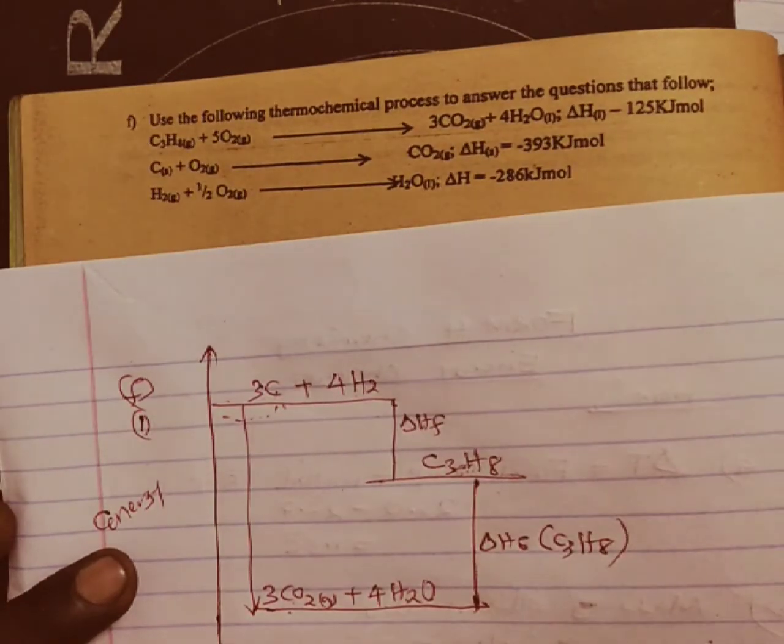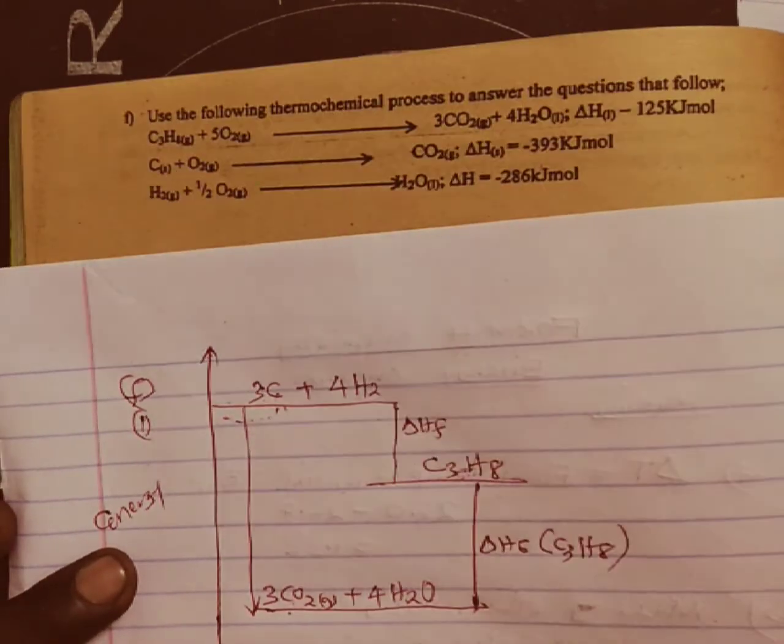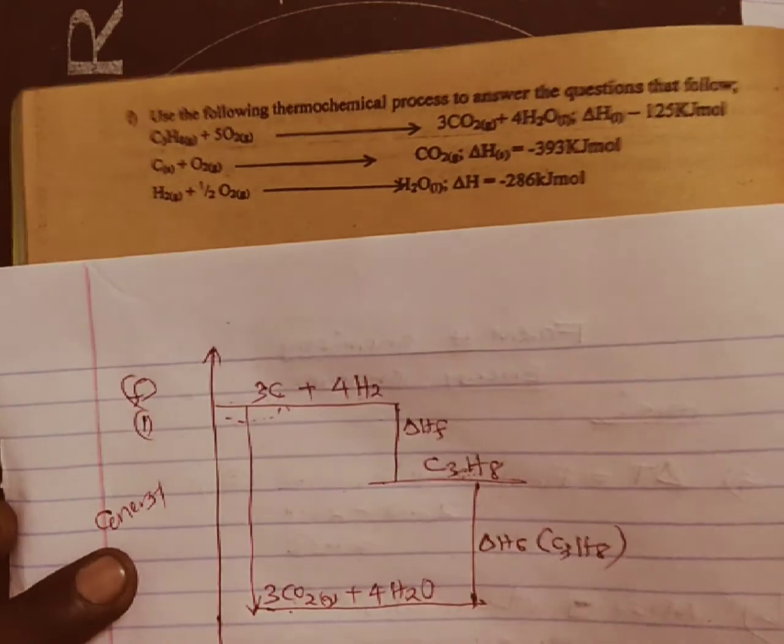We minus that of burning propane directly in air, which is negative 125.